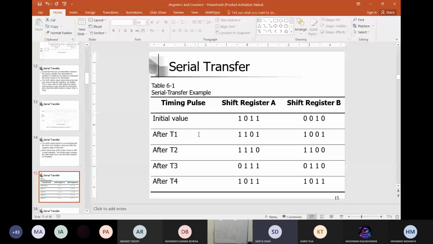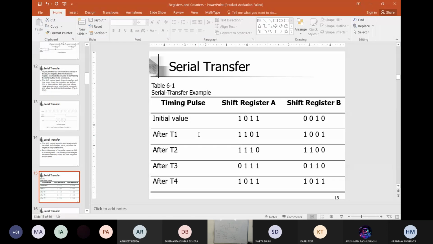See, I may be wrong. You can tell me. It's not matching there. T1 is fine. T2 is not matching. No, ma'am. Mine is correct.